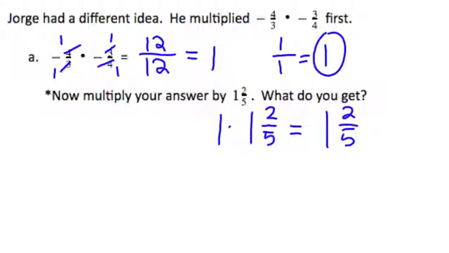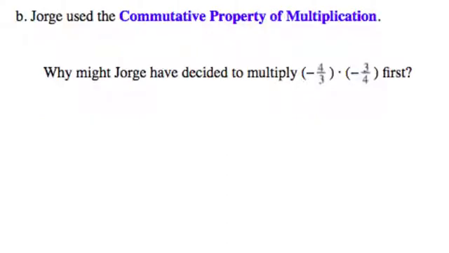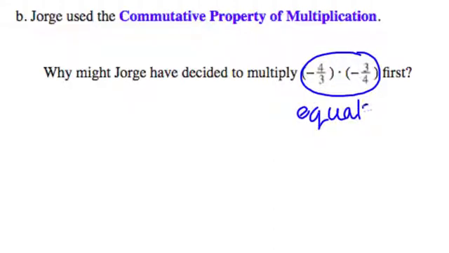So think about whose work was a little easier. Jorge's, and it was because he switched the order of the fractions. And that was using the commutative property. He did that so that the problem would be much easier, and he knew that this equals 1.